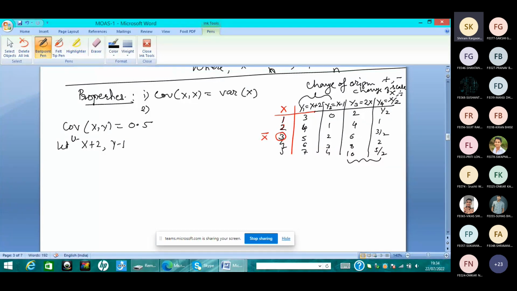Suppose this is u and this is v. Then covariance will not be changed. If you find the covariance of these, you will never experience any change. It is not affected at all. So covariance is independent of change of origin.